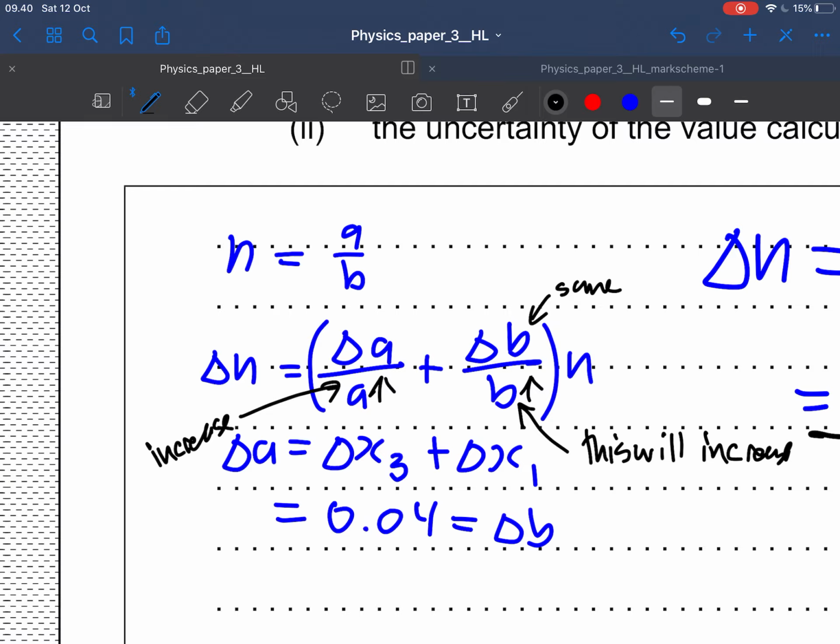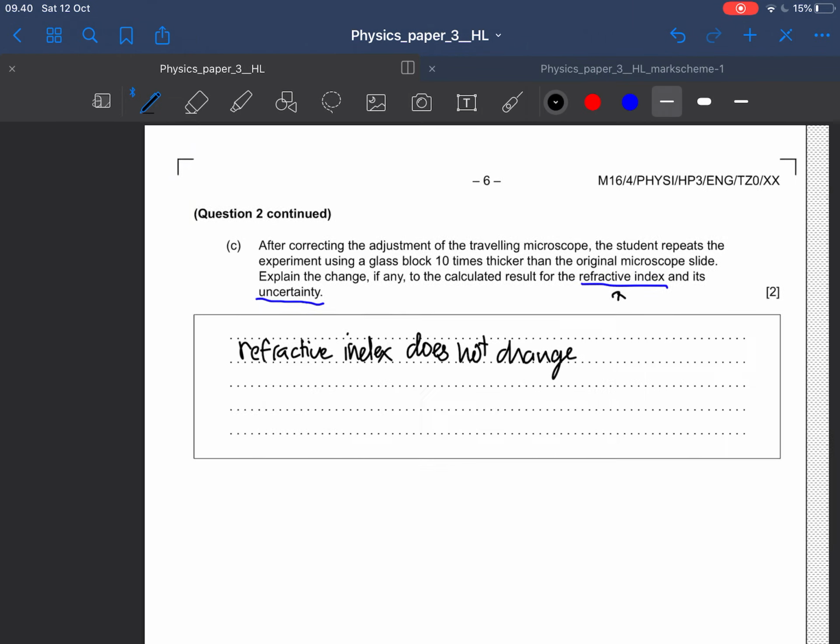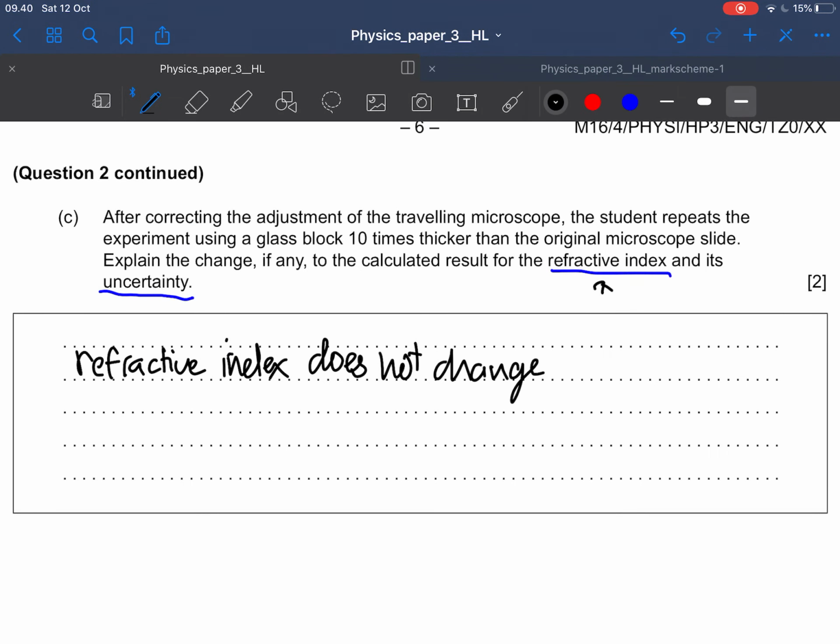These are going to go up and up. And that's going to make your uncertainty much smaller because you're dividing by a much larger number. So the key here is to twig that the absolute uncertainty will be smaller.